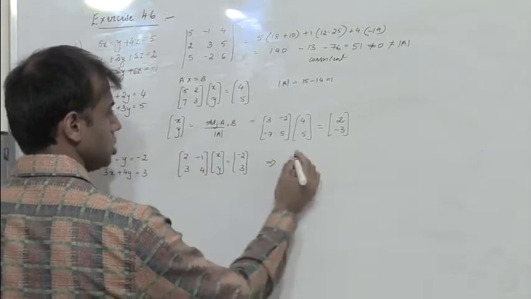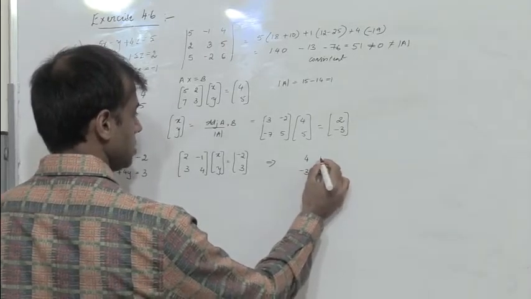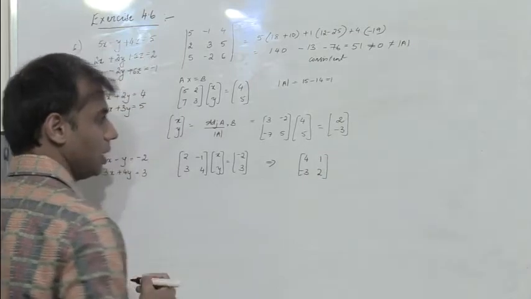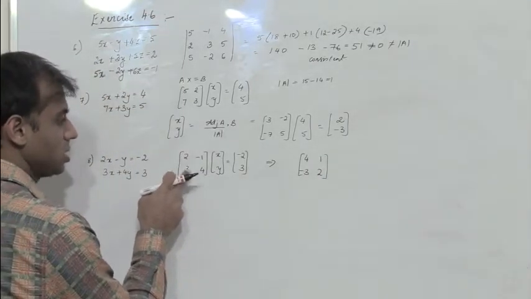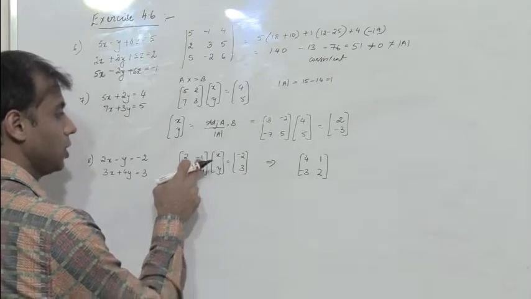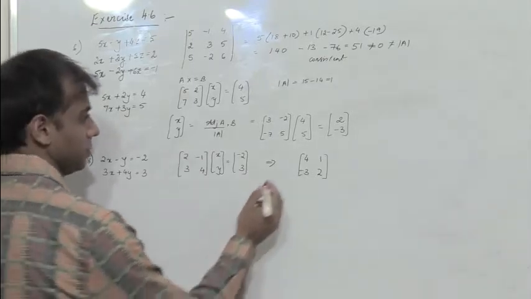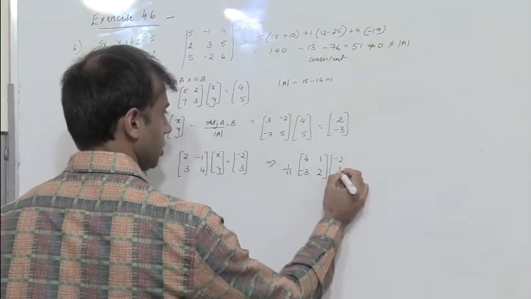Adjoint A is interchange these two, 4, 2, negate the other elements. So I get minus 3 and 1 divided by the determinant. Determinant is 2 into 4, which is 8, and then minus of 3 into minus 1. So 8 plus 3 is 11. So divided by 11 into minus 2 and 3.